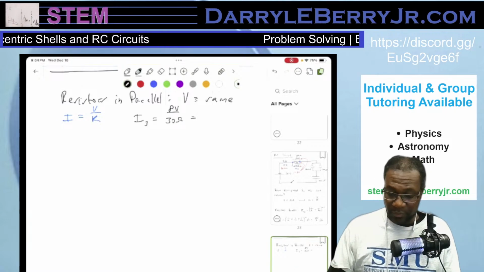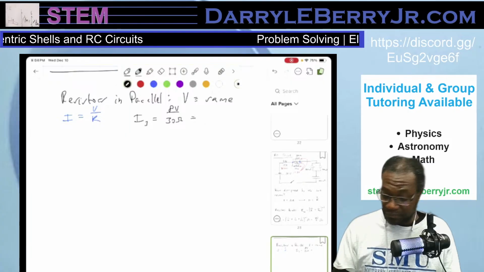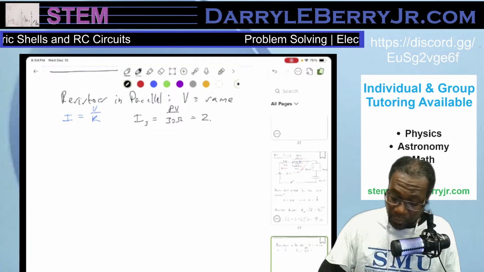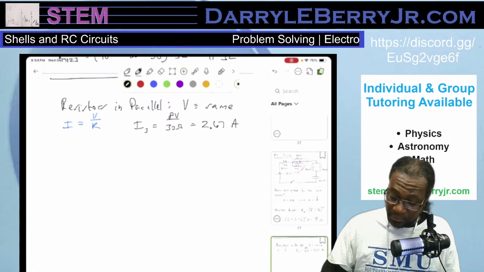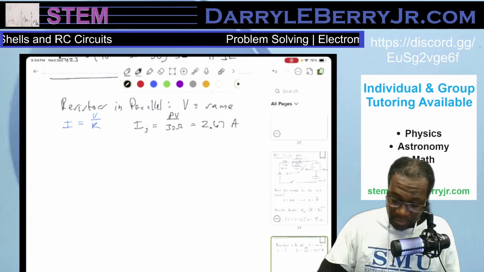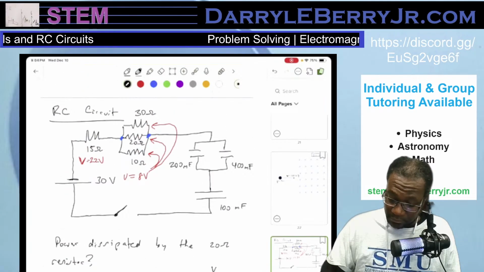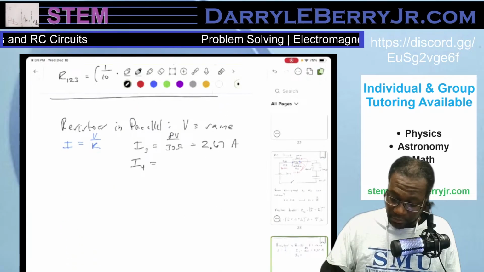So let's see what this is, and we'll see if this adds up properly. So that's 2.67 amps. We have 4, let's go up to, down to 2.